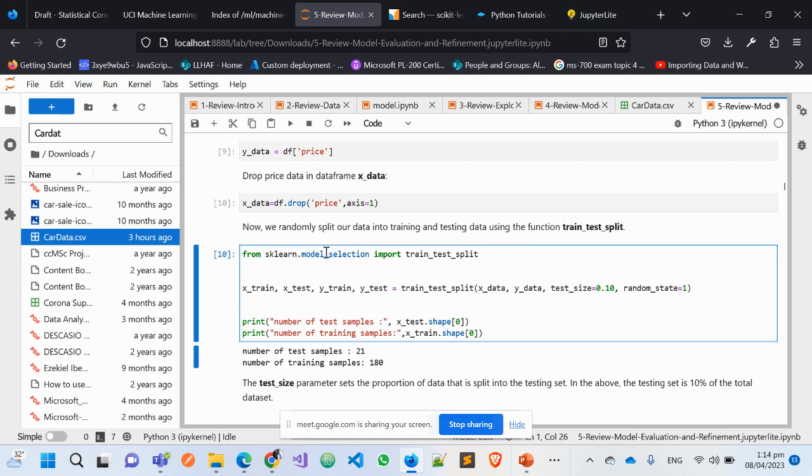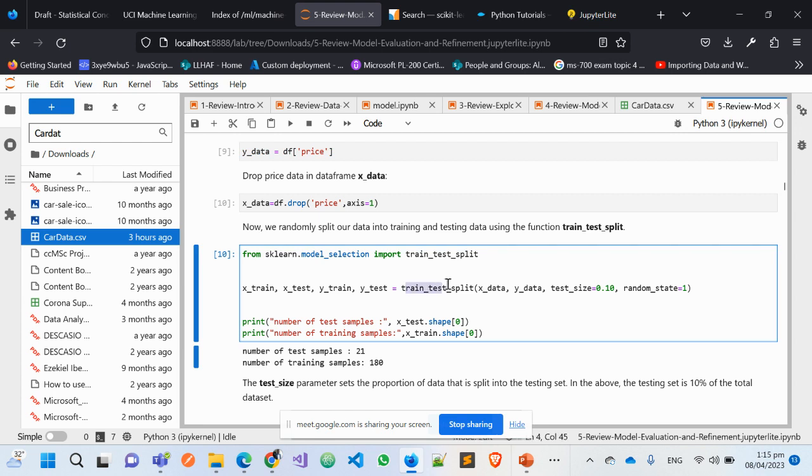We are only trying to see, in the end, the outcome of applying this test data in multiple linear regression. Now we have our x train, y train, and x test, y test: x test is the testing data set, x train the training data, and y train the training data sets.